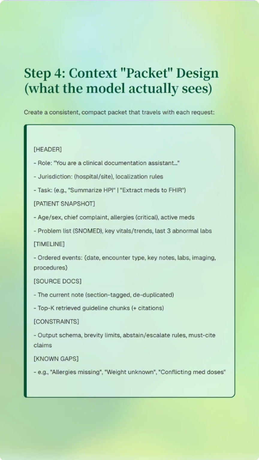Then we give a patient snapshot: age, sex, allergies, active medications. After that, a timeline of recent visits or events. Then the source document we're analyzing, like today's progress note. Finally, any guidelines or rules we want the AI to follow. This packet gives the AI just enough to work with, structured, concise, and safe.